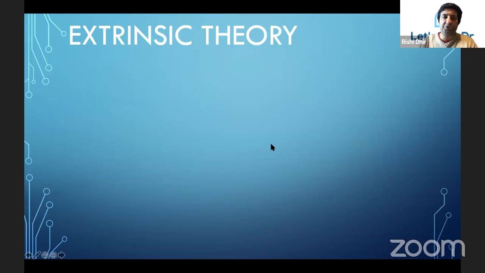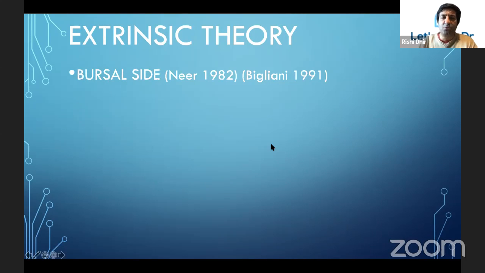Okay, and as I told you guys, this is when you get some sort of compression which occurs either on the bursal side or the articular side. So on the bursal side, there are studies by Charles Neer in 1982 and Bigliani in 1991. What Neer suggested is that the anterior aspect of the acromion seems to be involved, and occasionally there are osteophytes from the AC joint.